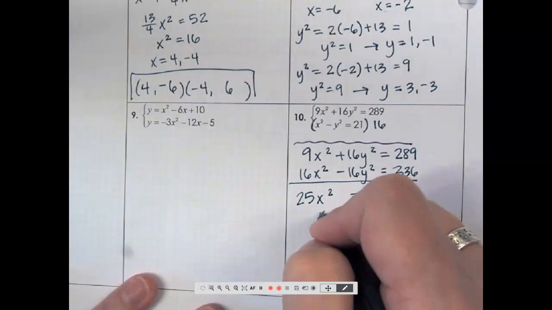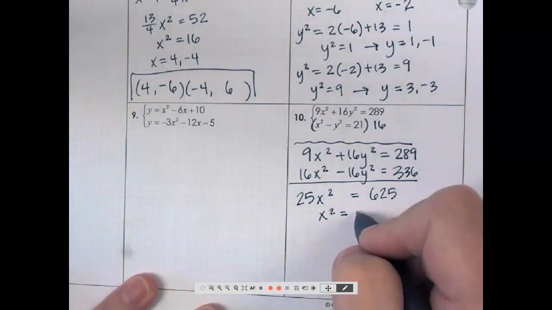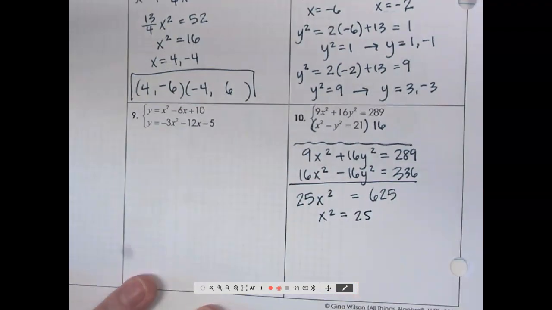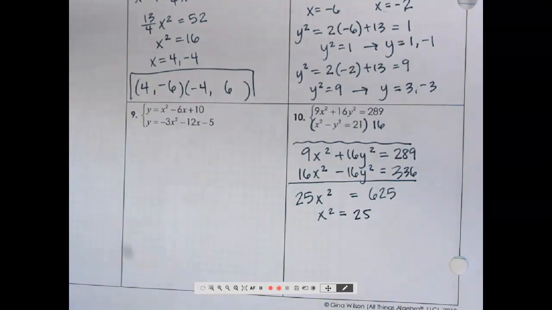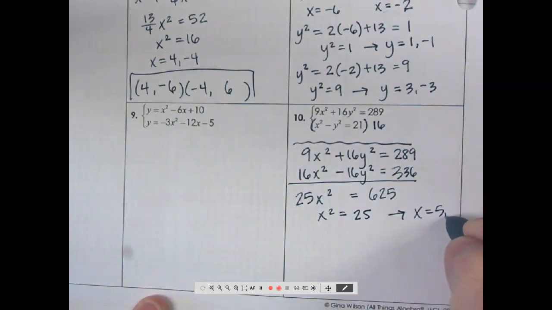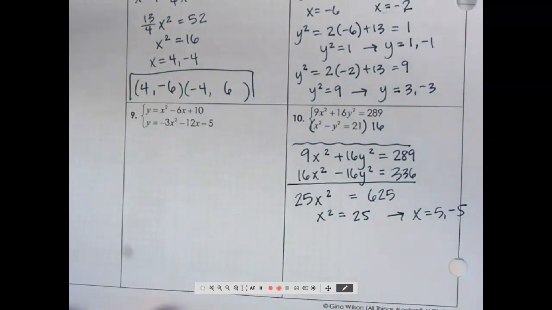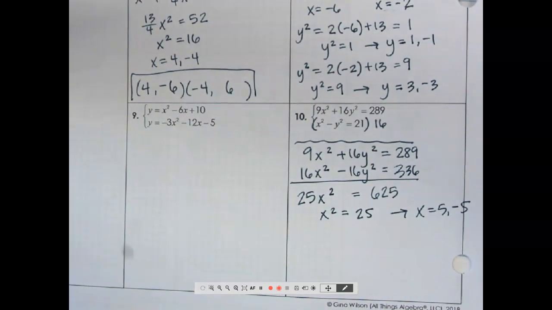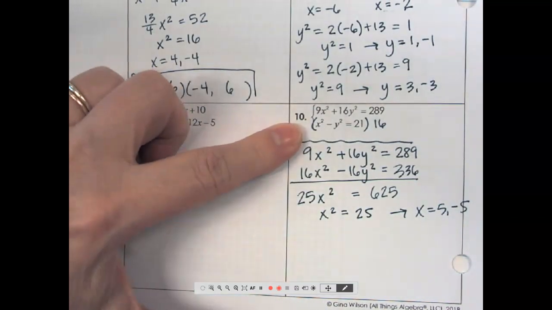Okay, divide by 25. It's just going to be 25, right? So what's x? 5 and negative 5. So we're going to have at least 2 points of intersection here. Where do you want to plug these answers in? The bottom one? Okay.